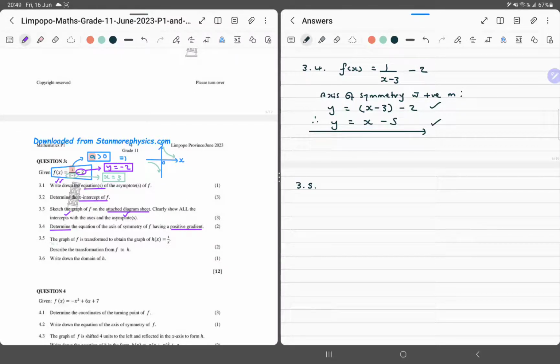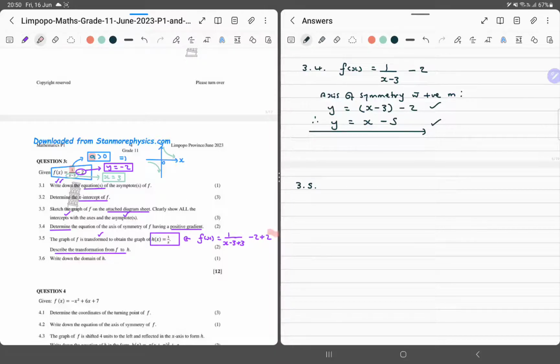So 3.5 says the graph of f is transformed to obtain the graph of h of x. Now look at that graph of h of x. We no longer have those asymptotes, so they were eliminated. So now it says describe that transformation. Obviously, for us to get to this transformation, it means in f of x, we had a situation like this: x into x minus 3 plus 3, then minus 2 plus 2.